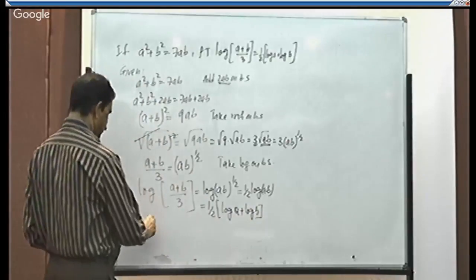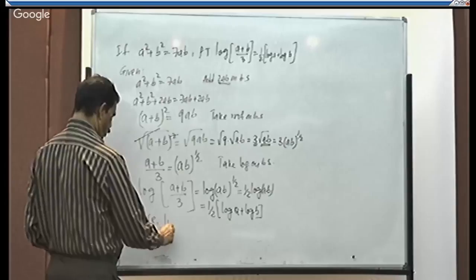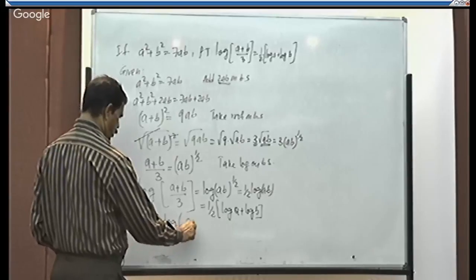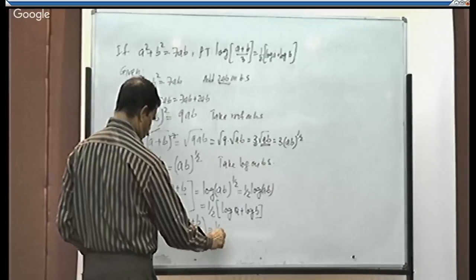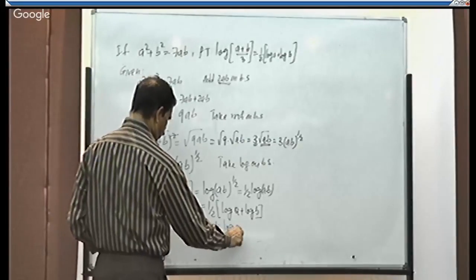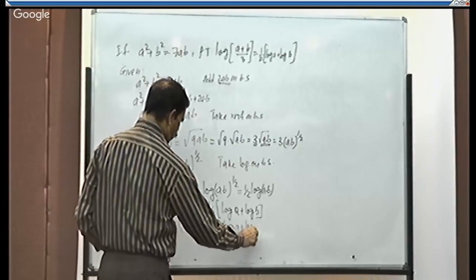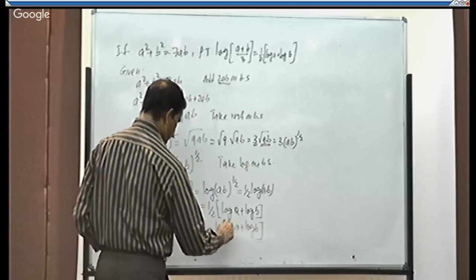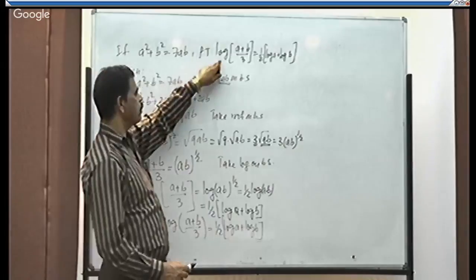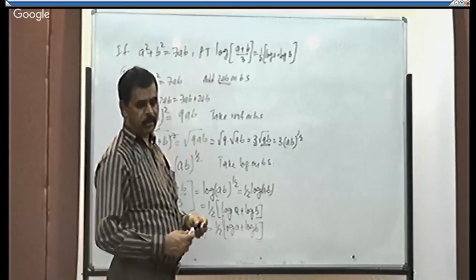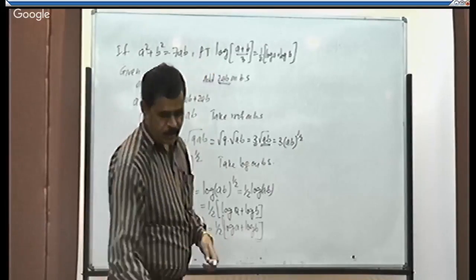That is log of (a + b)/3 is equal to 1 by 2 into log of a plus log of b. Here we took an algebraic equation and we derived the equation, right?